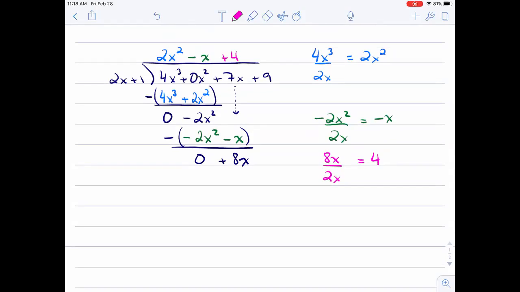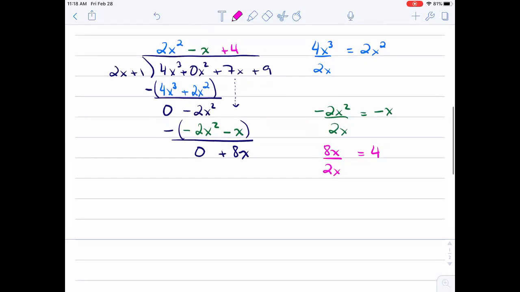And doing the same thing over again, right? 4 times 2x is 8x. And then plus 4 times 1 is plus 4. Nice. And keeping in mind here that we are subtracting still. So now I've got 8x minus 8x is 0. And then I've got 9.